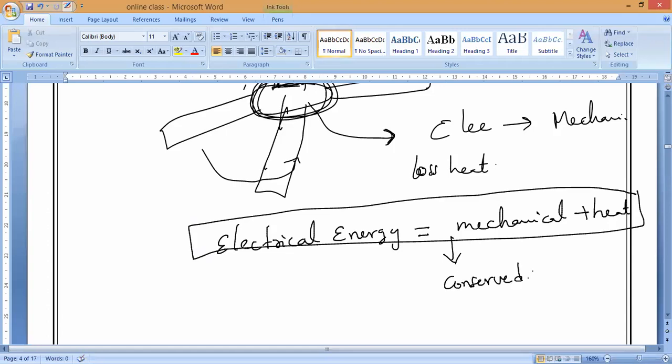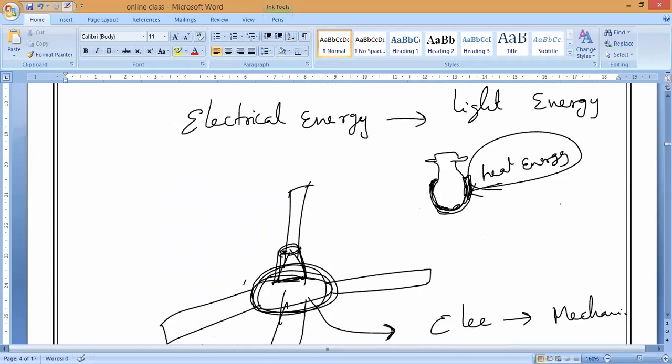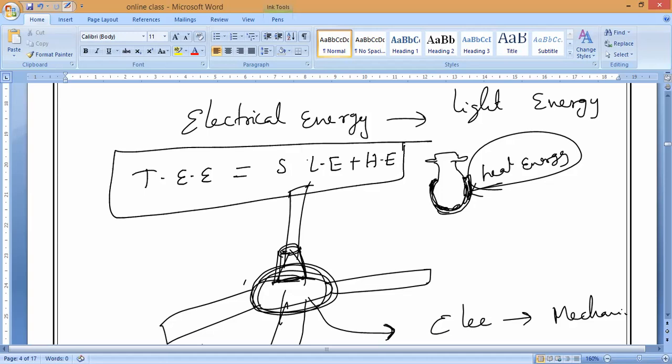Maybe it is in an unwanted form, so we should not say wasted energy, but unwanted form. For example, in this case, total electrical energy equals the sum of light energy plus the sum of heat energy. That is what we call the law of conservation of energy. Even though energy may be wasted, the total energy of the system remains constant. Understand, Elamukel? Pradosh? Maitreya? That is what we call the law of conservation of energy.